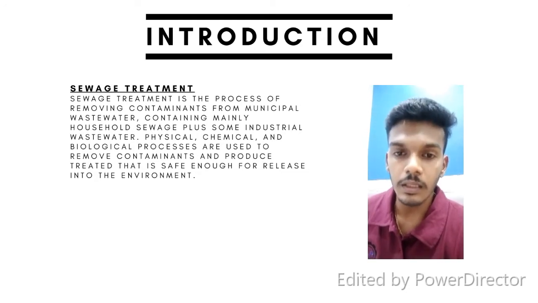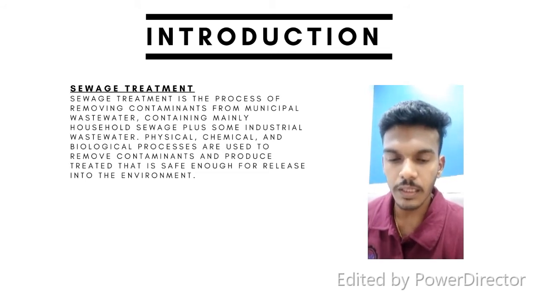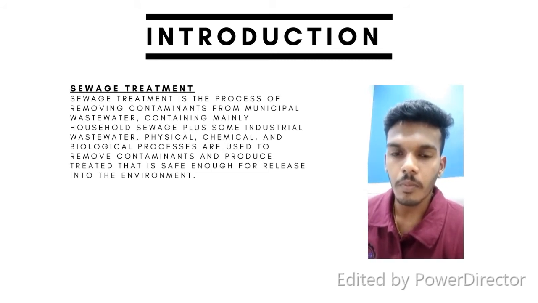These processes are used to remove contaminants and produce treated safe water, which is used by us as consumers. Water is an important part of our life. Sewage treatment may also refer to wastewater treatment.